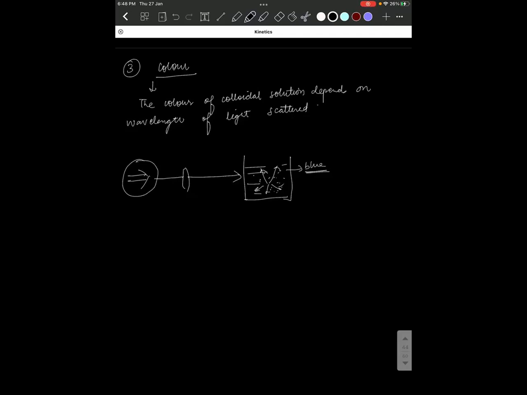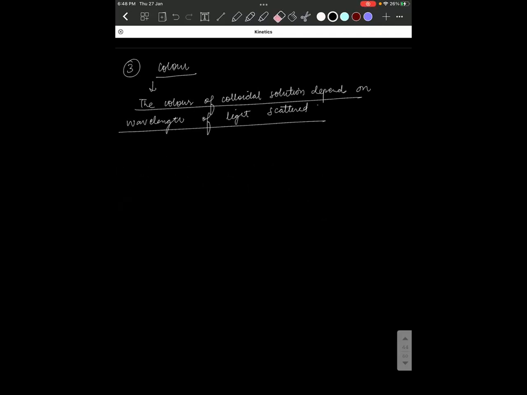So can we say that the color of colloidal solution depends upon the wavelength of light scattered? Yes, ma'am. Okay, the same phenomenon is happening in the sky, because the wavelength of light is such that the sky appears to be blue. If the color is of more wavelength, then that color will be visible.